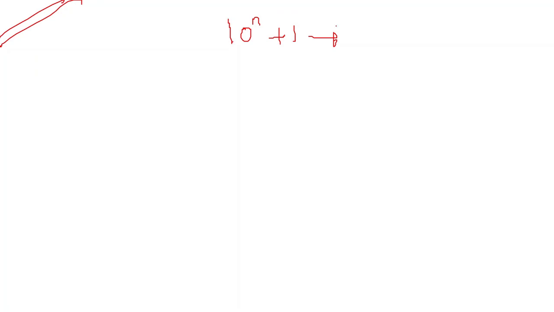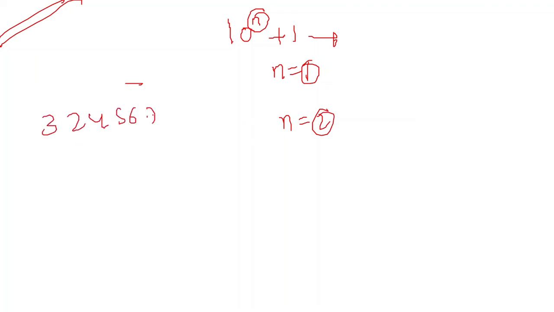Fine. So when n equals 1, you will take digits at odd places from the right-hand side, the sum of those digits, a single digit at a time. When n is 2, you will take two digits at a time. Suppose this is the number 3 2 4 5 6 7 8, any number.